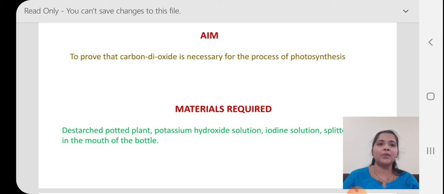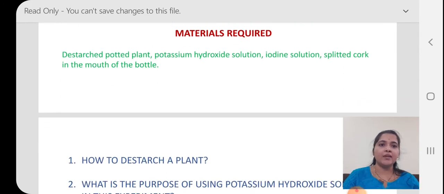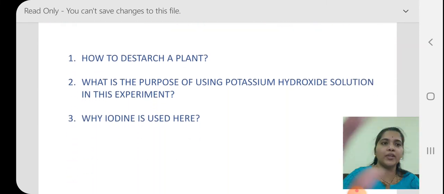So the aim of the experiment will be to prove that carbon dioxide is necessary for the process of photosynthesis. Materials required are destarched plant, potassium hydroxide solution, iodine solution, and a splitted cork in the mouth of the bottle. You have to insert it.